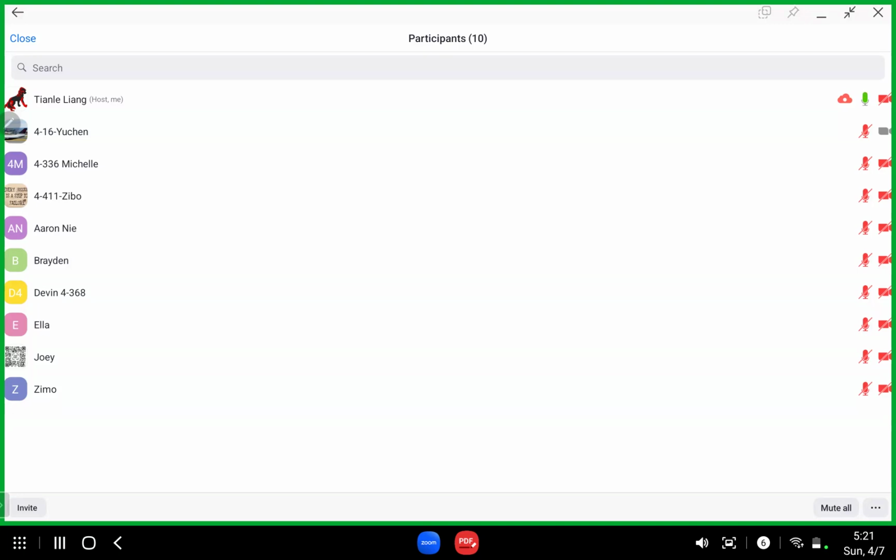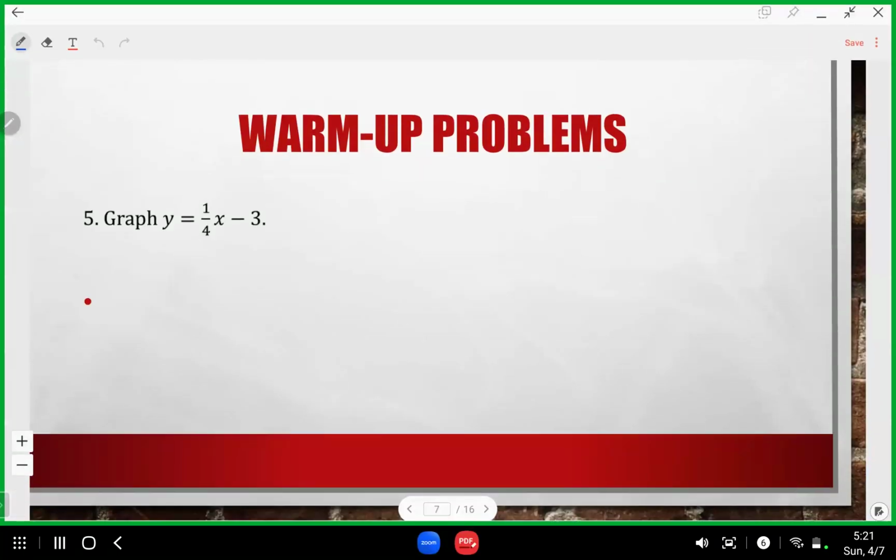So Ella, can you graph this? Ella, are you there? Yeah, is it the question that we just did? Or this one: 1/4 of x minus 3. Just tell me what to do. I have the coordinate plane here. So how should I graph this?